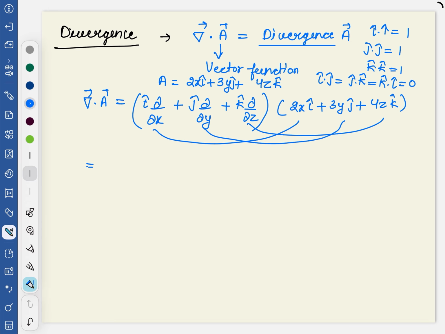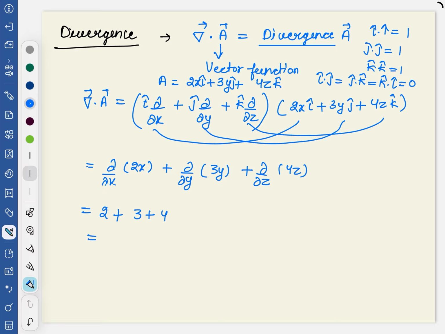So we get the answer ∂/∂x of 2x, ∂/∂y of 3y, ∂/∂z of 4z. So the answer will be 2, 3 and 4. 2 plus 3 plus 4 is 9. So the value of divergence of A is 9.